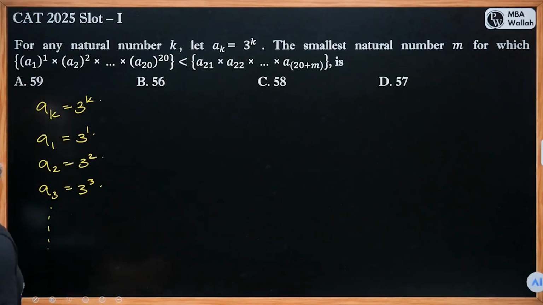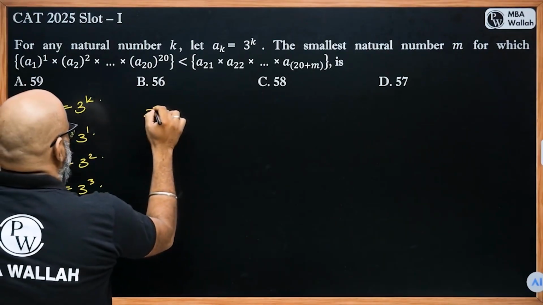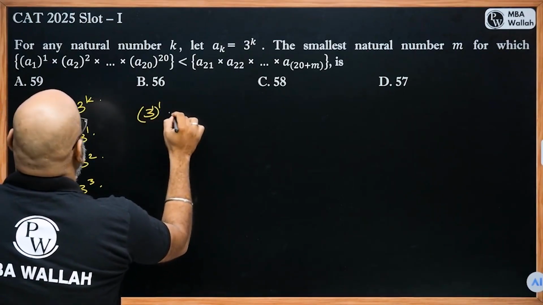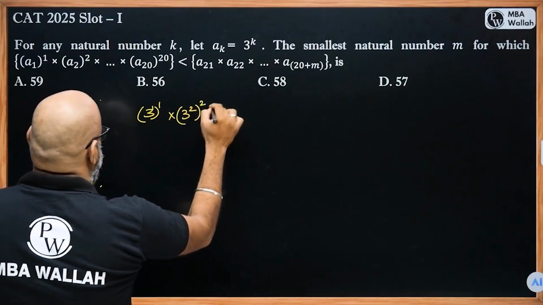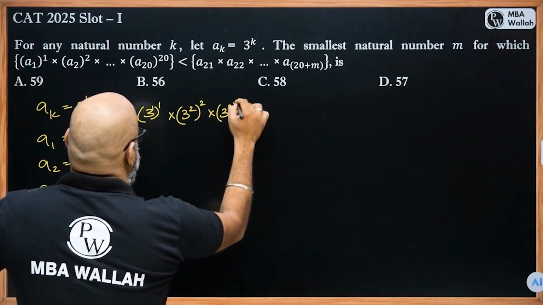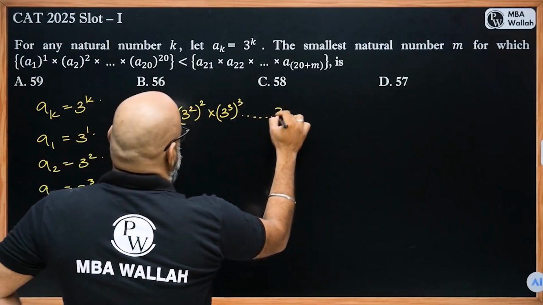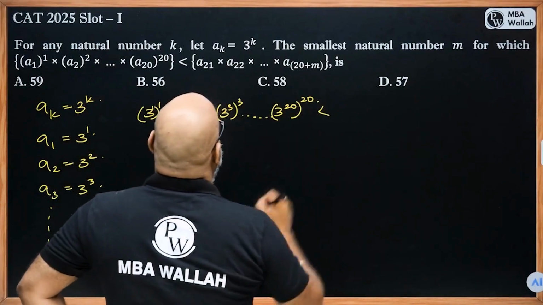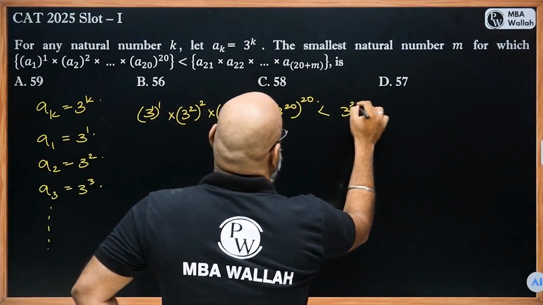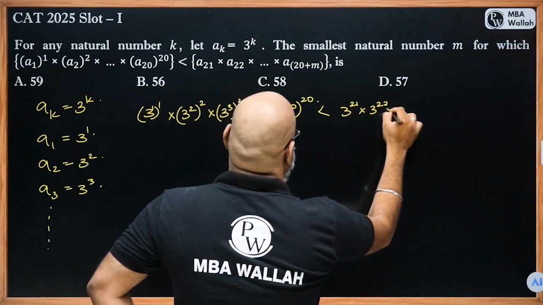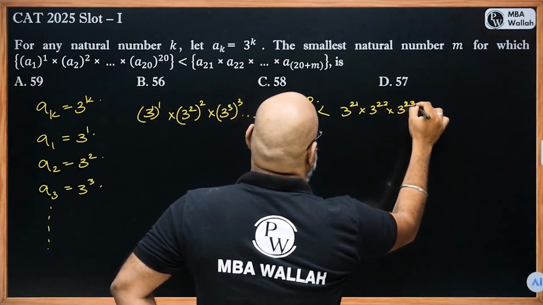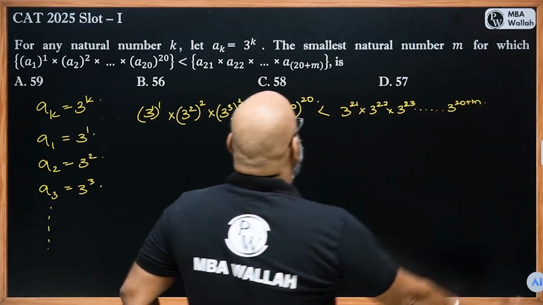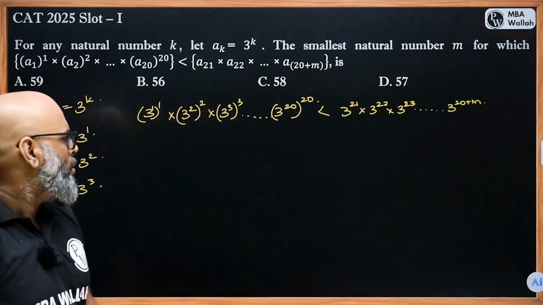It says a1 power 1, so that will be 3 power 1 is 3, into 3 square the whole square into 3 cube the whole cube, up to 3 power 20 the whole power 20, is less than 3 power 21 into 3 power 22 into 3 power 23 up to 3 power 20 plus m. That's what we are supposed to figure out.